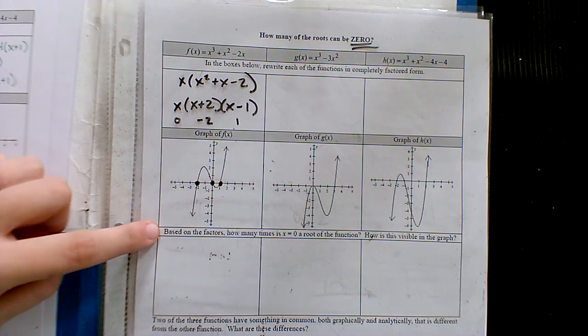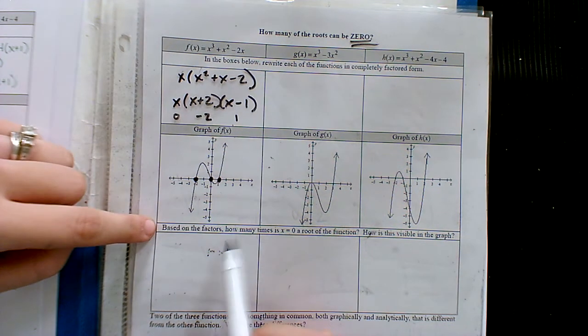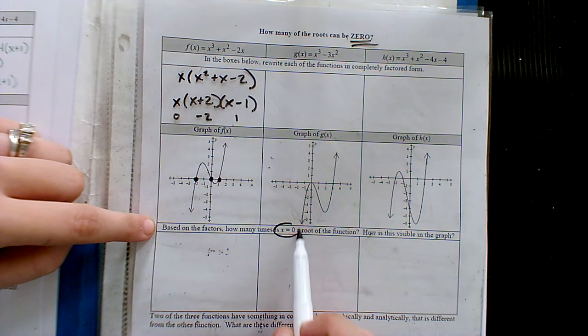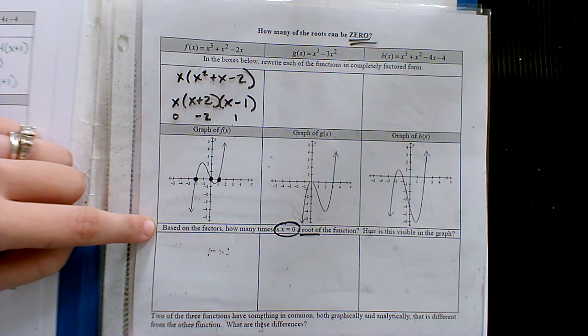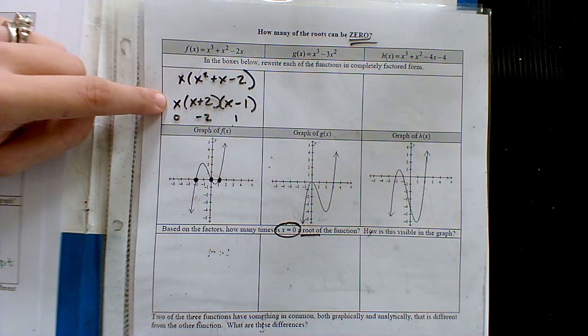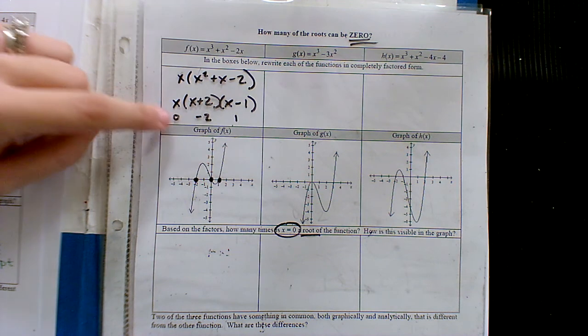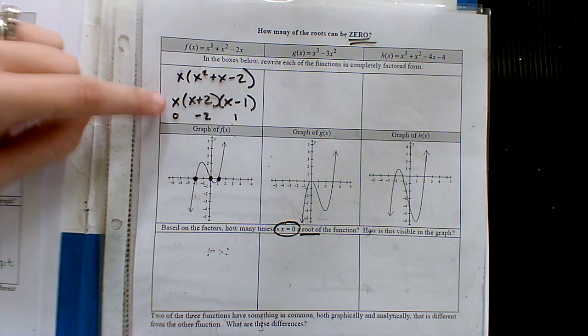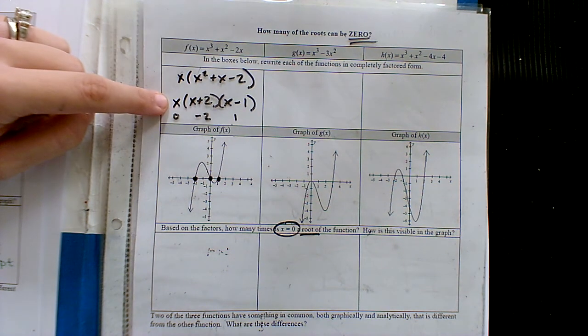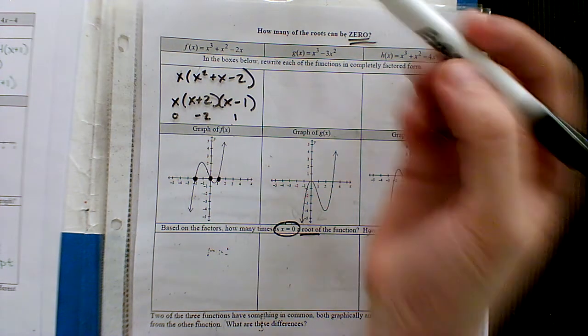So if we were to take a look at the factors, the ones that we just developed, how many times is x equals 0 a root? If you were to just take a look at your factors up here, how many times is 0 an x-intercept? Meaning, what's its multiplicity? How many times? Yeah? 1. How'd you know 1?